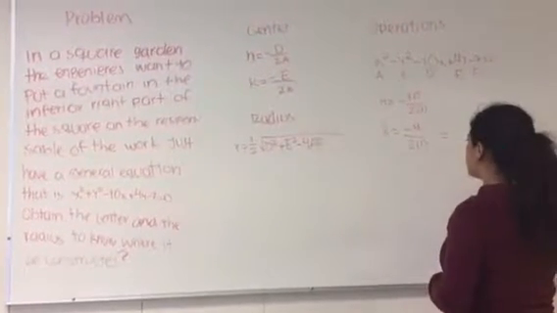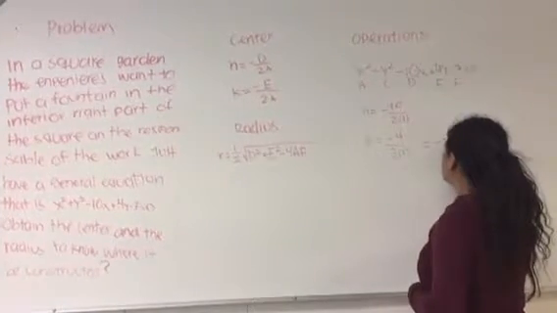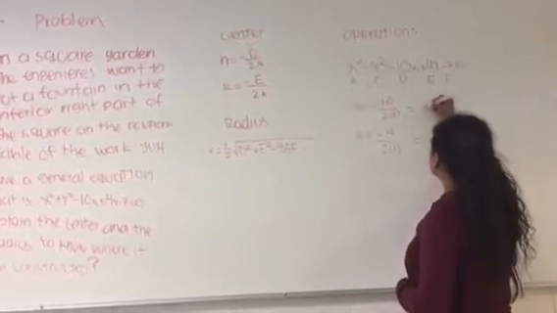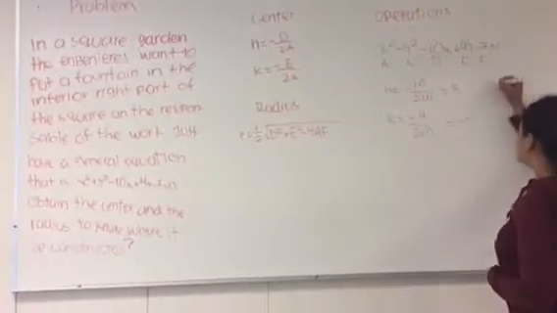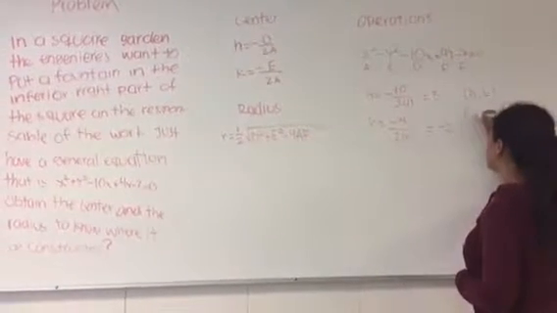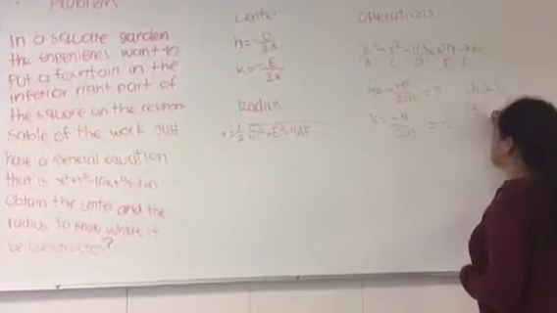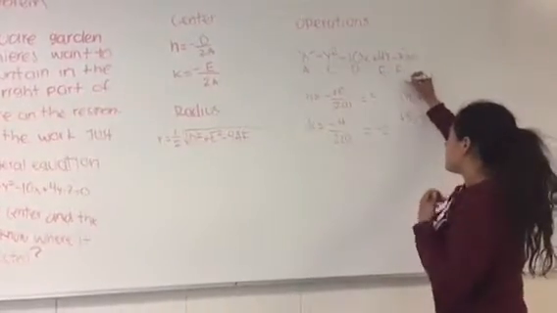So h is equal to 5, and k is equal to minus 2. So the center is h comma k, that is 5 comma minus 2. This is our center, the answer to that.